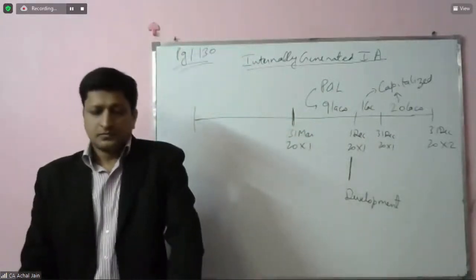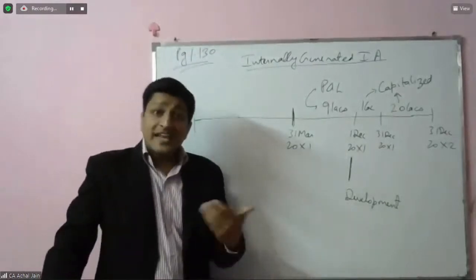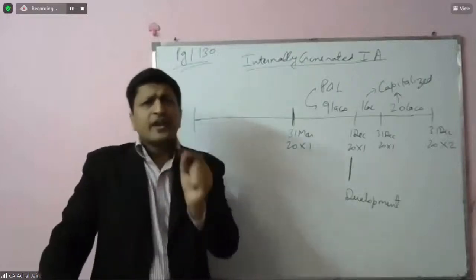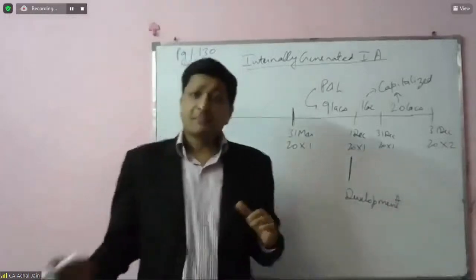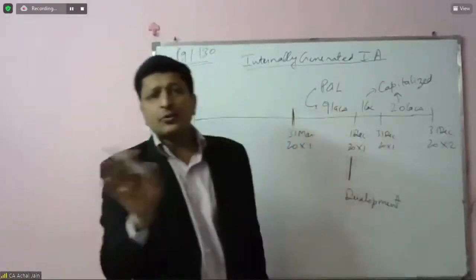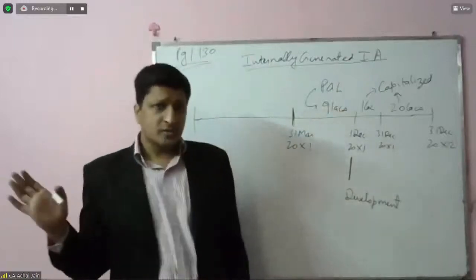Now, let's try to understand. The next principle that I'm discussing here, which has been very briefly touched upon by the study material, is in relation to AS 28. That has got nothing to do with AS 26. Please remember, don't get confused on this point.